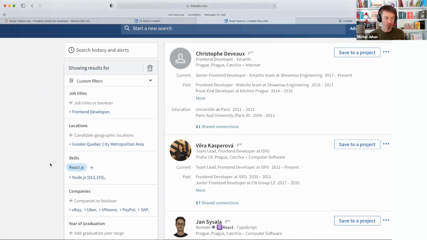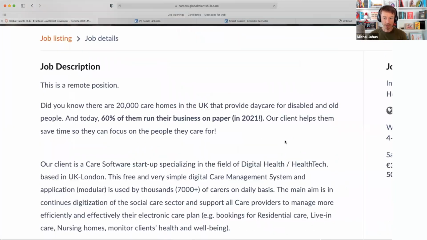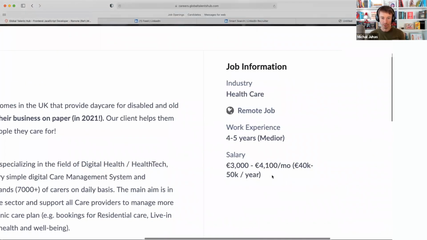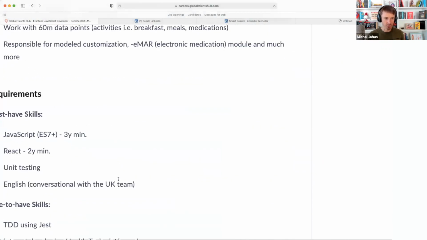So React.js, what is the salary, by the way? It should be about 40,000, yes, 40, 50,000 a year. So it's not a senior yet. A senior would ask for at least 50,000. So we are looking at a mid-level, someone with 4 or 5 years of experience, not a junior, because a junior would not have 3 years of experience, right?